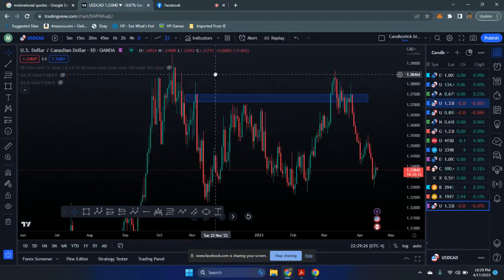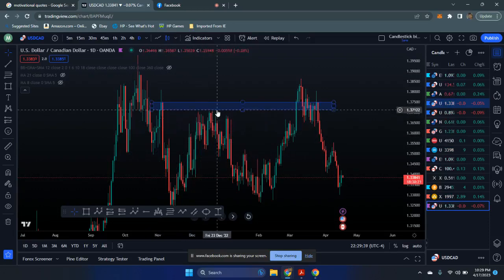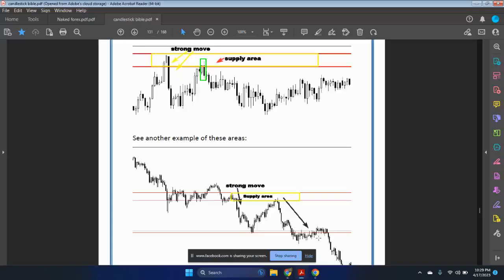This is why I chose it: when price came up here and closed, it went down. It still went down, but it came back up again to retest, and then it sold off. So those were the big moves. Strong move, then supply, and this is the supply area.